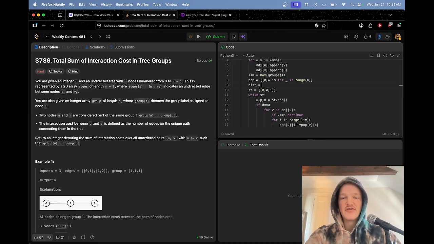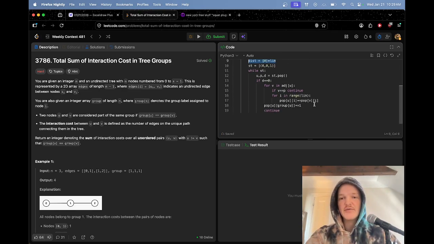So I'll just have distance is 0 times lim, so the distance to every element of every group. And then that'll just be something like distance at u at I plus equals population at v at I. We now have this edge from everything in v.